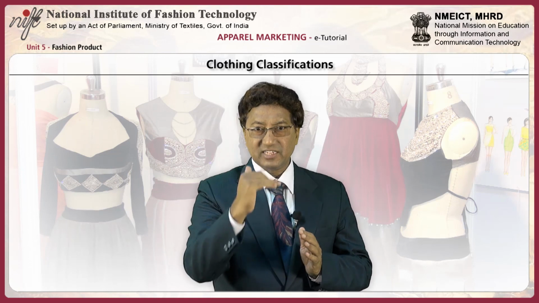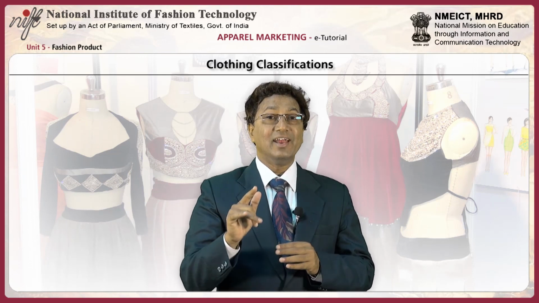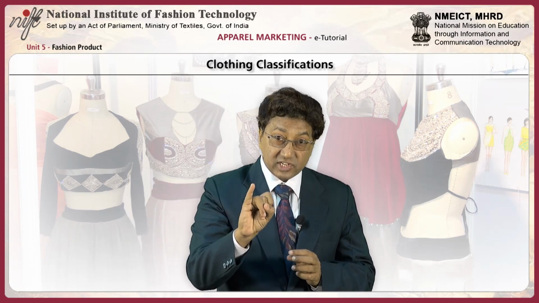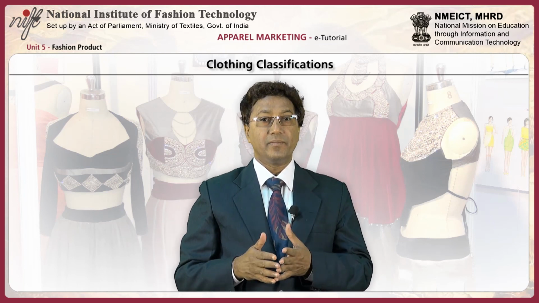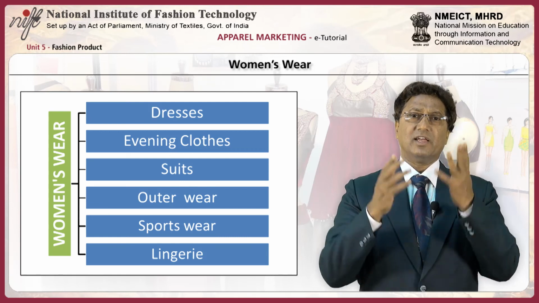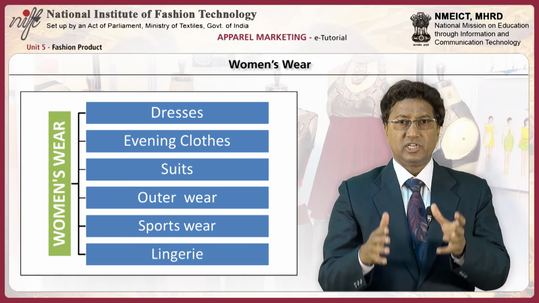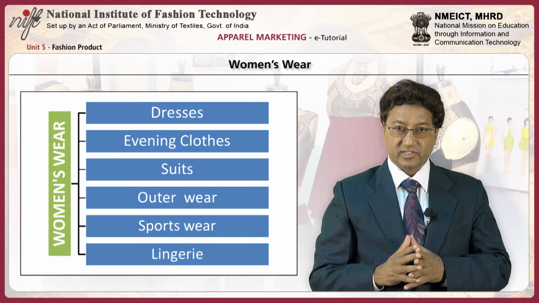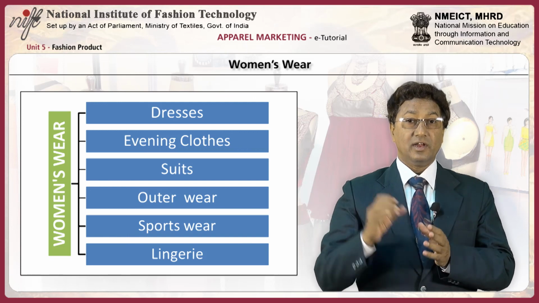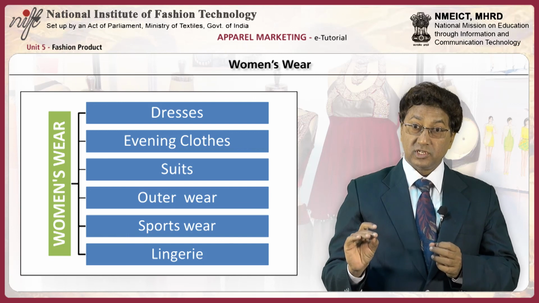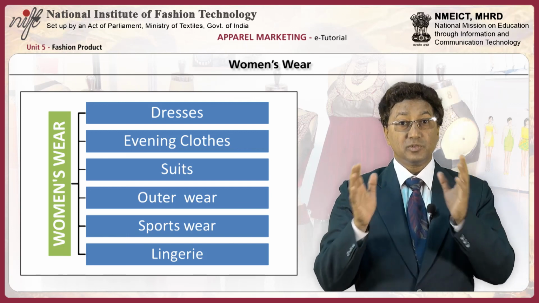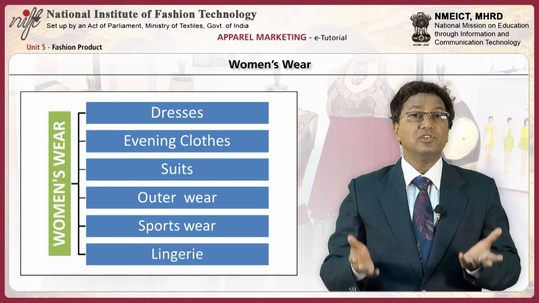Further, subclassifications are made based on price range and a customer's lifestyle. For example, women's clothes have many classifications, including dresses, evening clothes, suits, outerwear, sportswear, and lingerie.